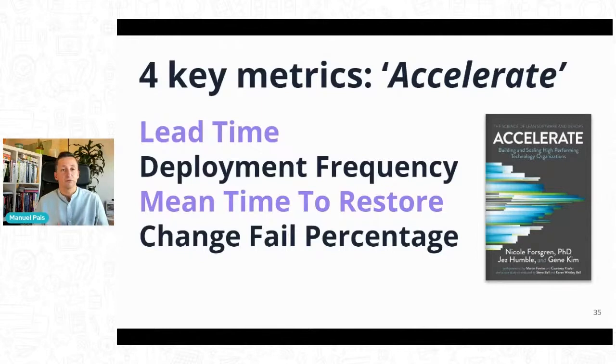These metrics provide some indication that if we're improving on them, we're likely improving our flow, getting closer to that business agility by consequence. If we're not improving on these metrics, then likely we have some work to do in terms of understanding what is blocking us from achieving faster flow, what is blocking teams from becoming more performant.